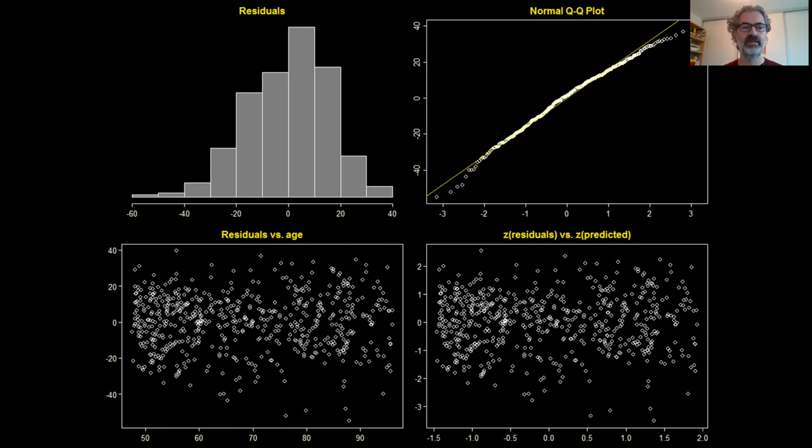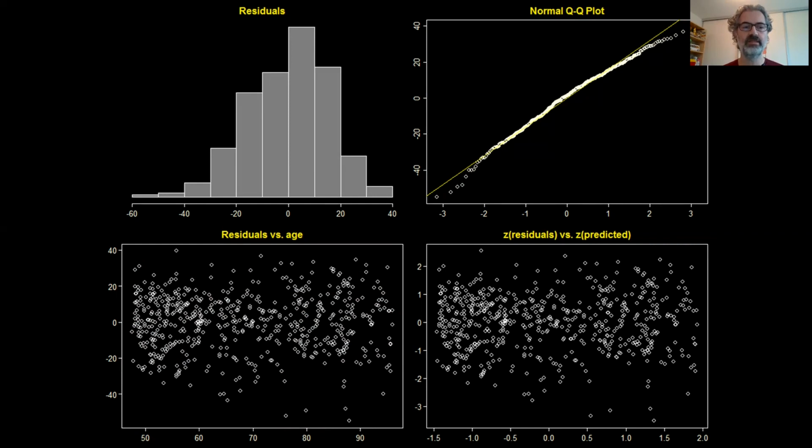As we see, the band of residuals is about equally wide. We don't have a small dispersion here and a large dispersion here, or vice versa, and we don't have any strange shapes. Of course, these are noisy, but they are approximately evenly distributed.